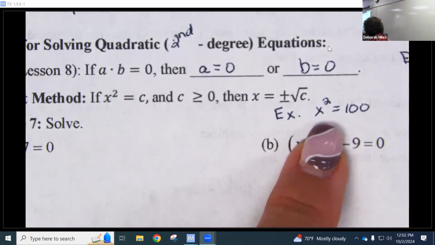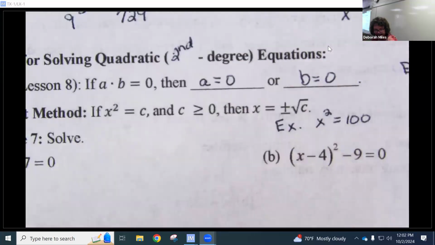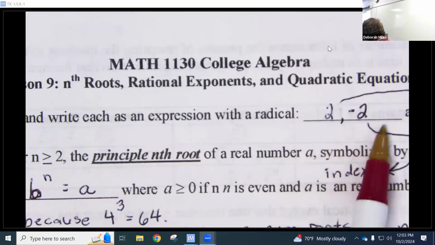What can you square and get 100? 10, but is 10 the only number you can square and get 100? There's something else. What is it? -10. That goes back to lesson 9 when we said any positive number has 2 square roots.